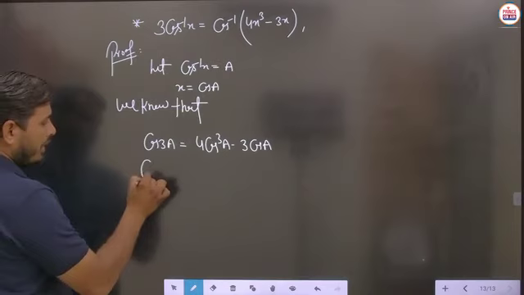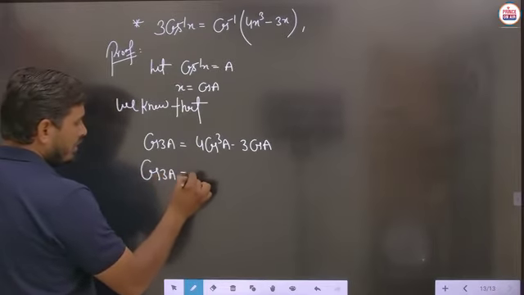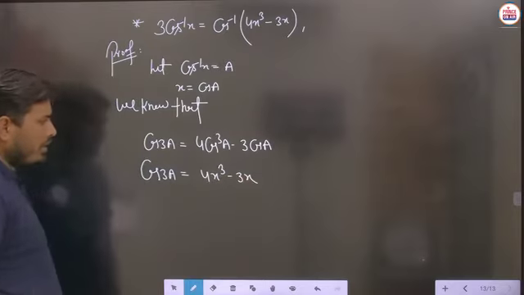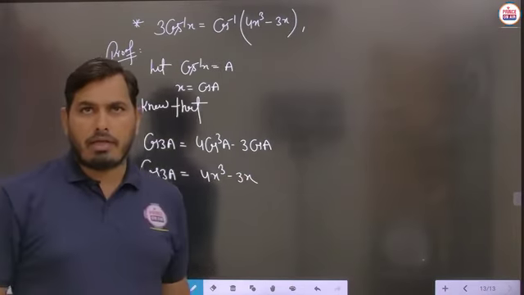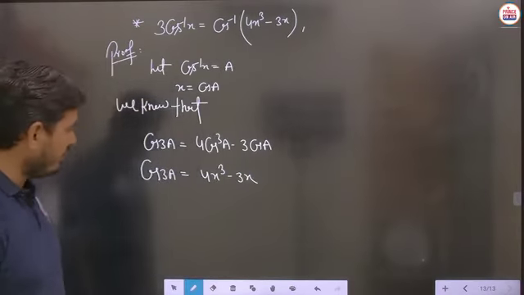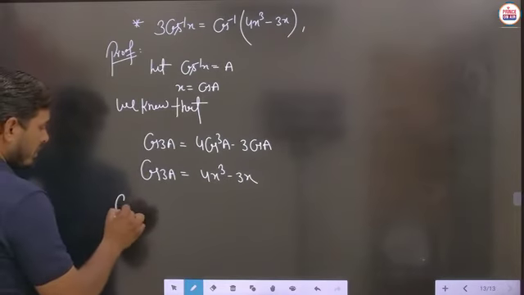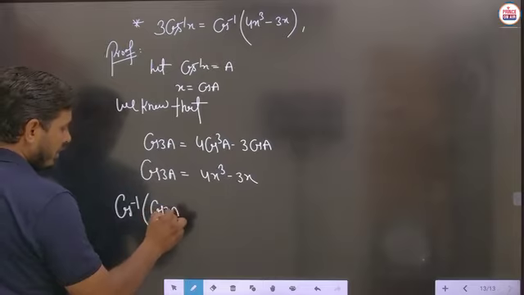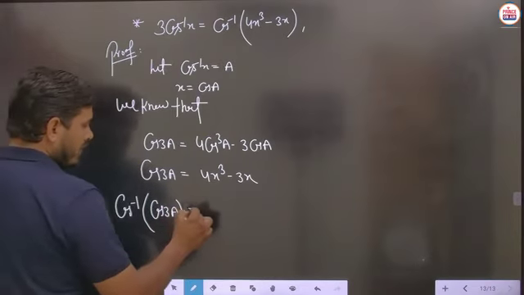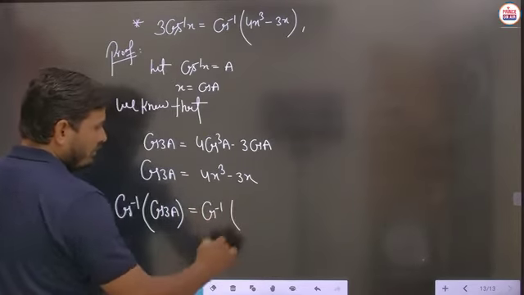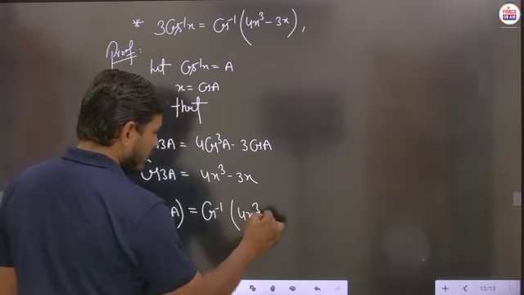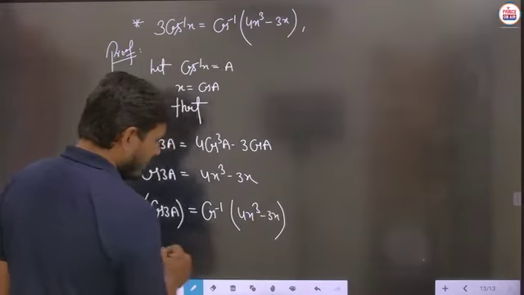So you can write cos 3a equals 4x cube minus 3x. Now we will take the inverse on both sides. So you can take the inverse, then definitely this is cos inverse of cos 3a, and here you can write cos inverse of 4x cube minus 3x. Is it clear?